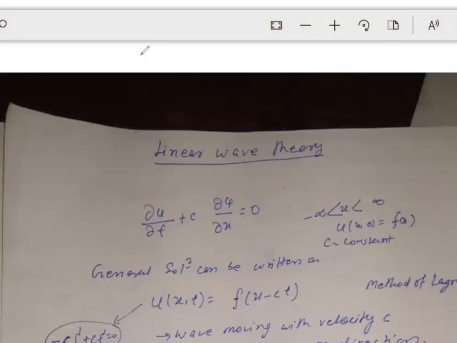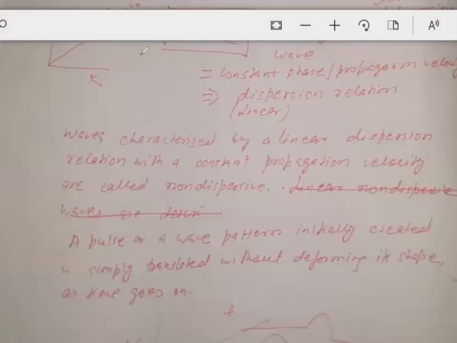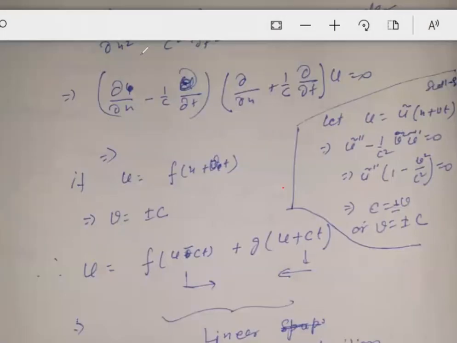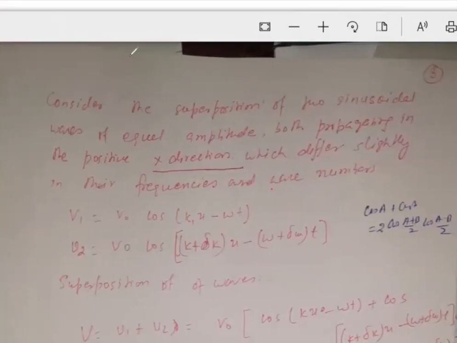Now, since we know x and t, there is something missing. Oh, it has been mixed up.